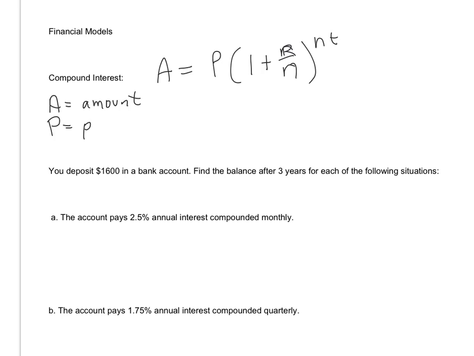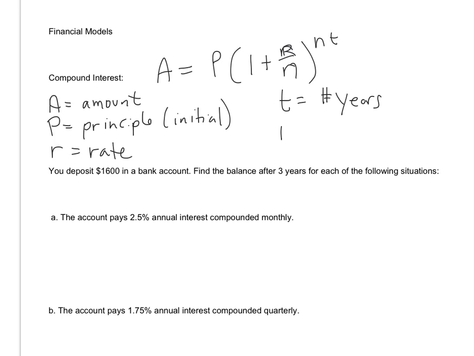P is what's called the principal, which essentially is your initial amount, what you start with. r is your interest rate. t is the number of years. And n is what we call the number of times compounded.